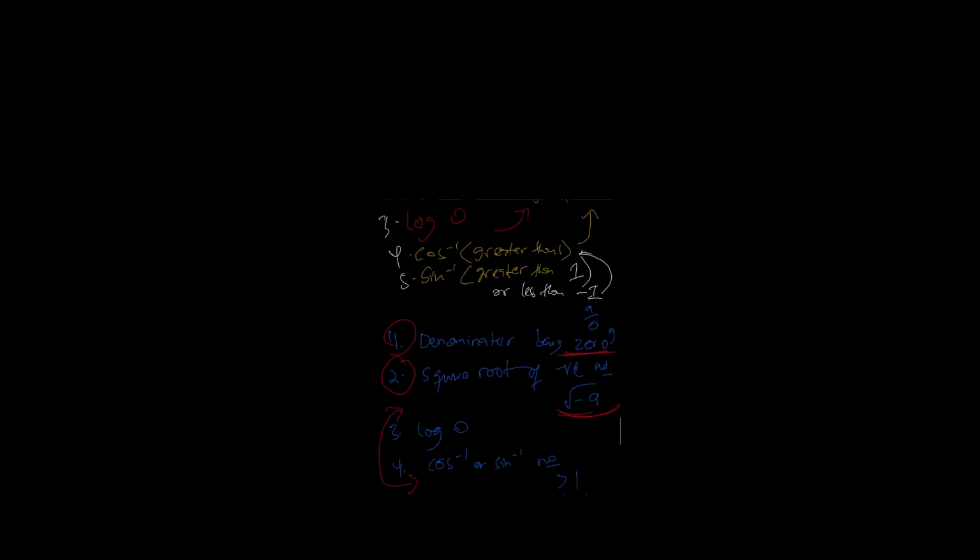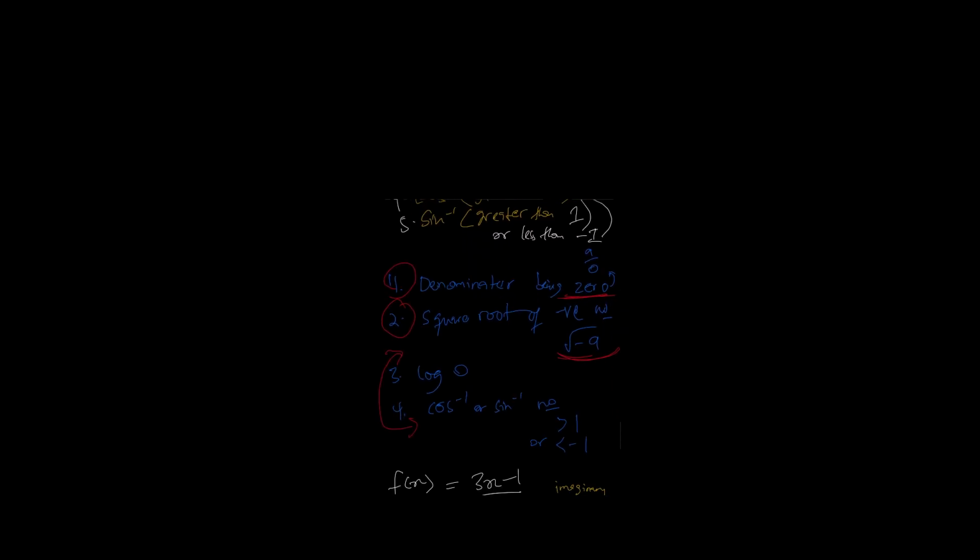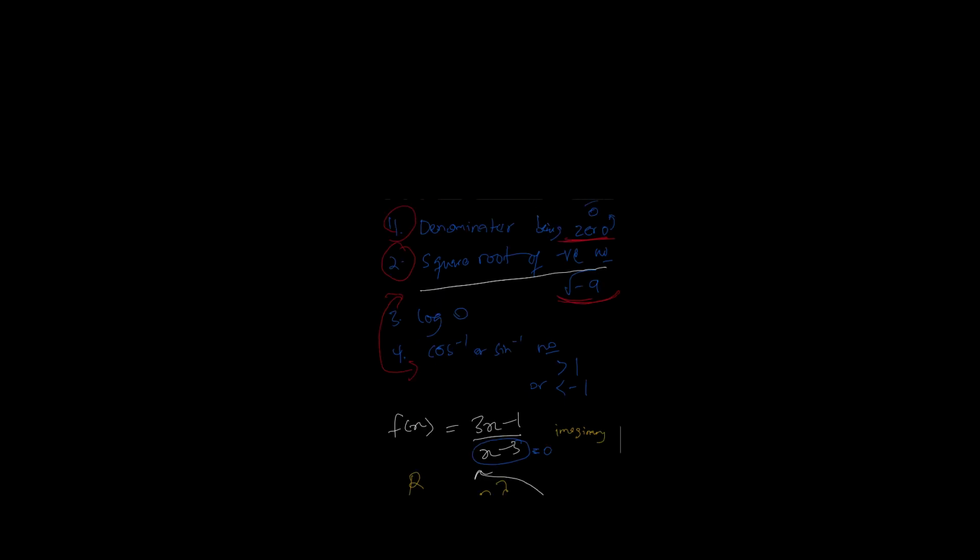We said that the function has an imaginary value if we have square roots of a negative number. Meaning that this function exists for all values except when we plug in x and get a negative number.